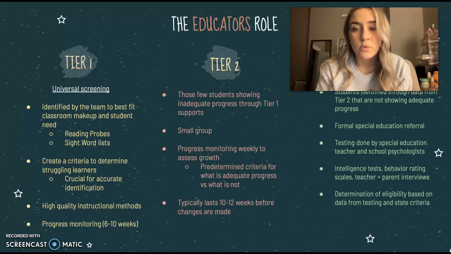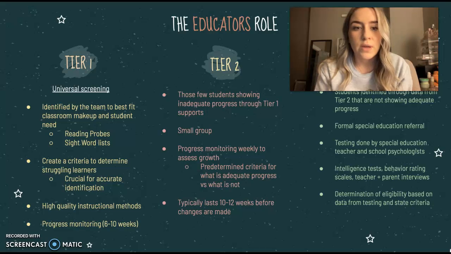A group of individuals looking to implement RTI would identify what fits their class needs the best, whether that be a CBM reading probe, a sight word list, or a 1-minute comprehension probe. The grade level that you're working with would determine the assessment tool that you would use.